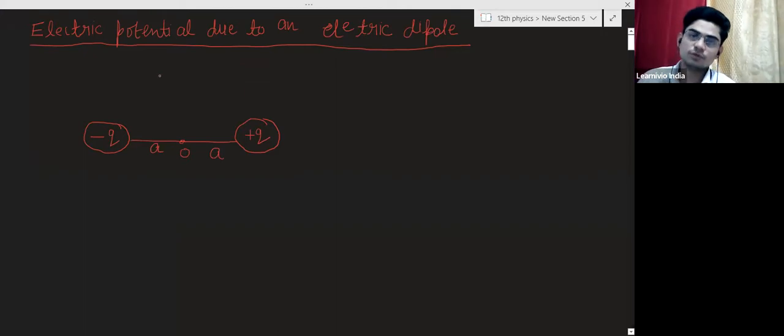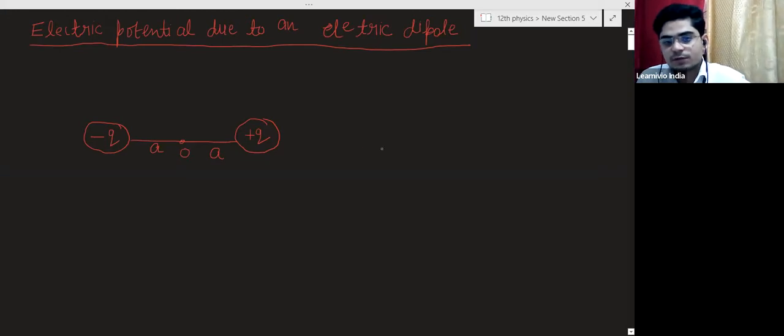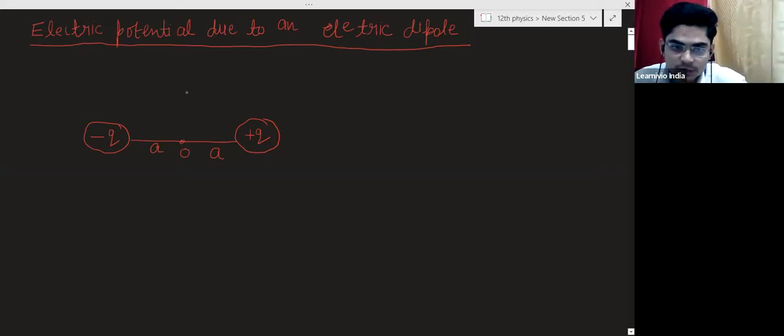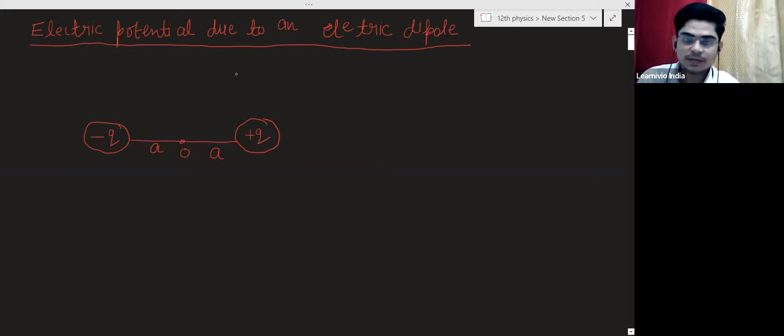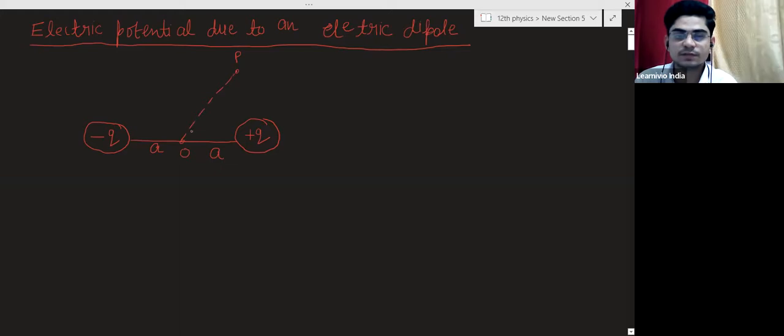We can calculate the electric potential on this line also, in any direction, due to this dipole, but I am taking a point P here. If you solve questions using the formula that we will get from this derivation, it is easy.